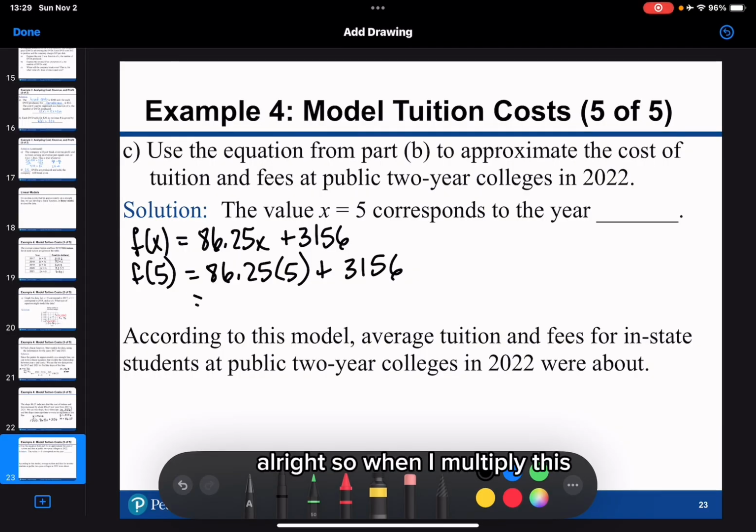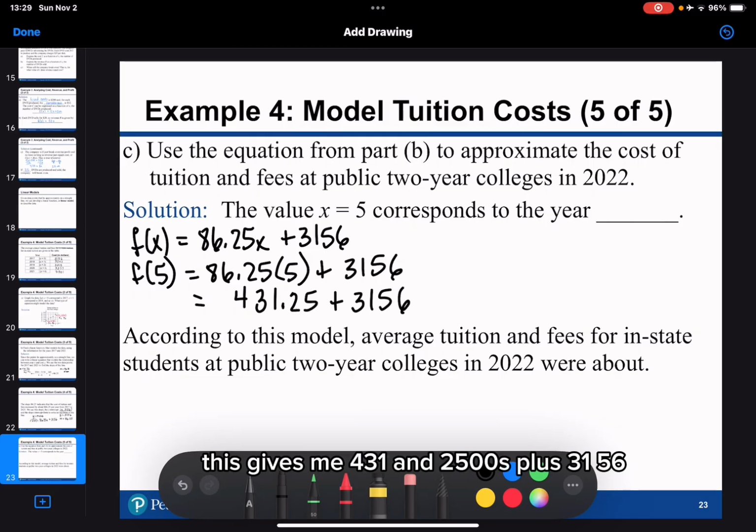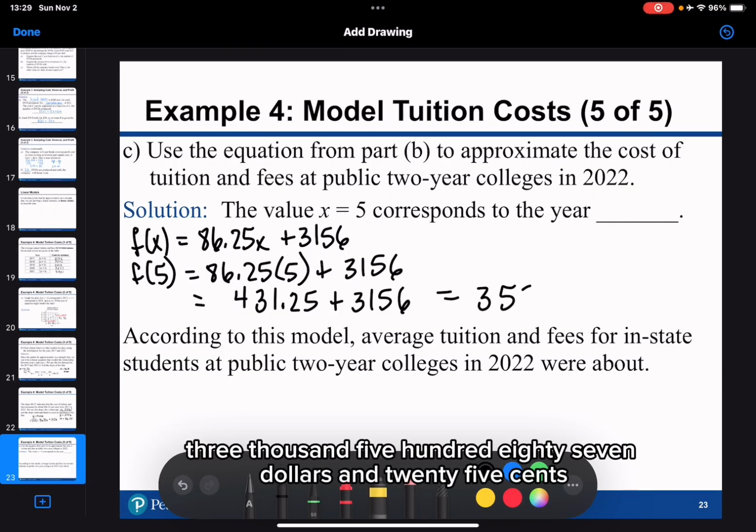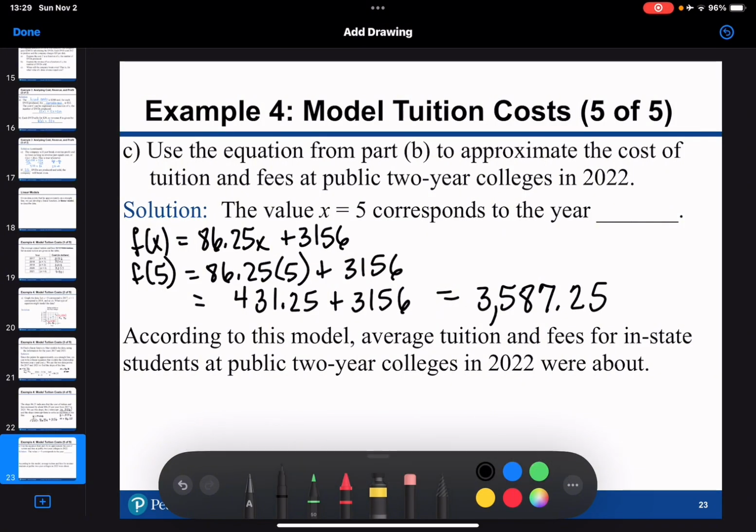All right, so when I multiply, this gives me 431.25 plus 3,156, which equals $3,587.25. So we can say f of 5 was approximately $3,587.